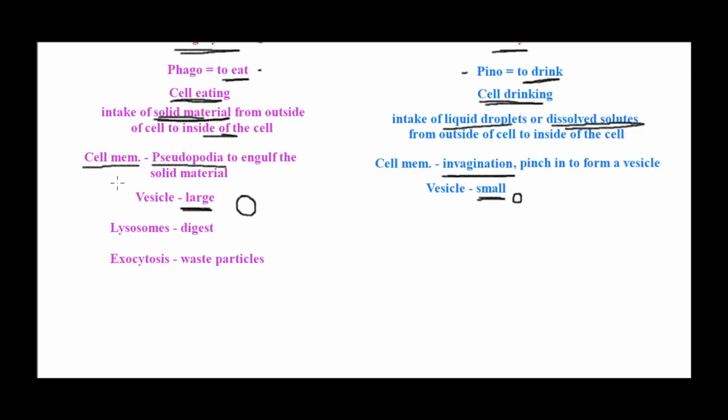And we also know that when the bacteria is taken inside the cell, like in macrophages and dendritic cells, immune cells, they have lysozyme that digests the bacteria, and by exocytosis they throw out the waste particles.